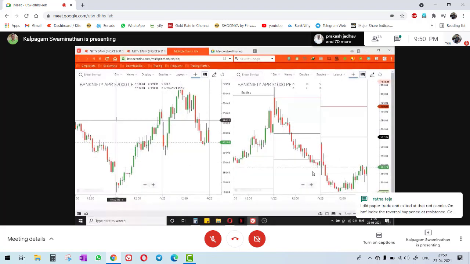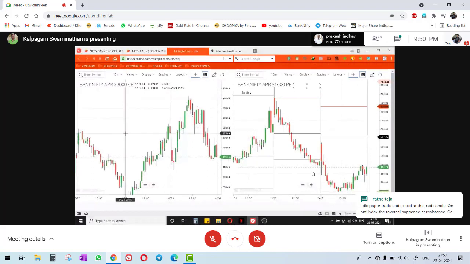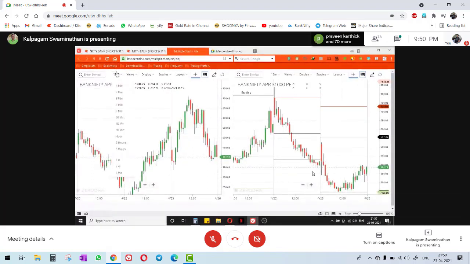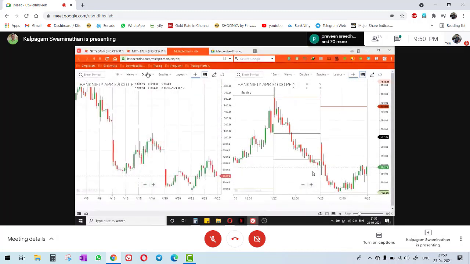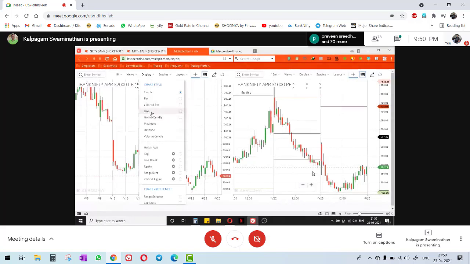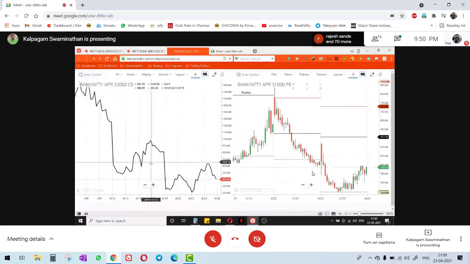Okay, now what I have not talked about is where the hell do I exit? Normally what we do is we try to draw support and resistance lines based on 1 hour chart, and we change the display to line chart. Then we look at where possibly we could have exited.